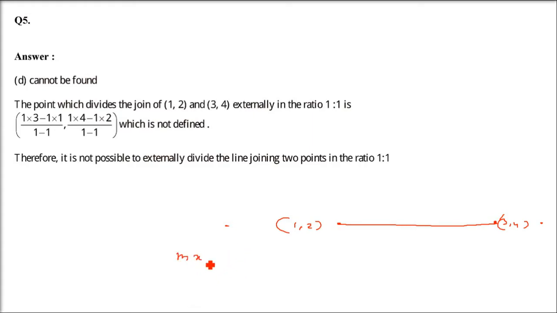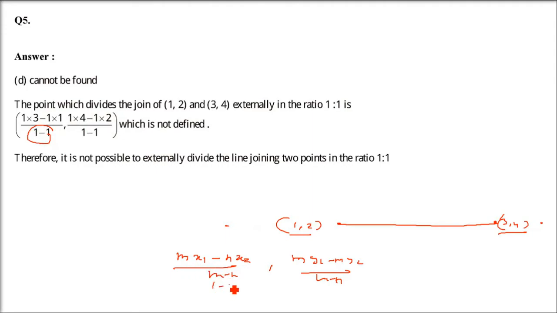So what do we see? The formula of external division is (mx1 - nx2)/(m - n). This is how you find the x value. Similarly, the y value is (my1 - ny2)/(m - n).